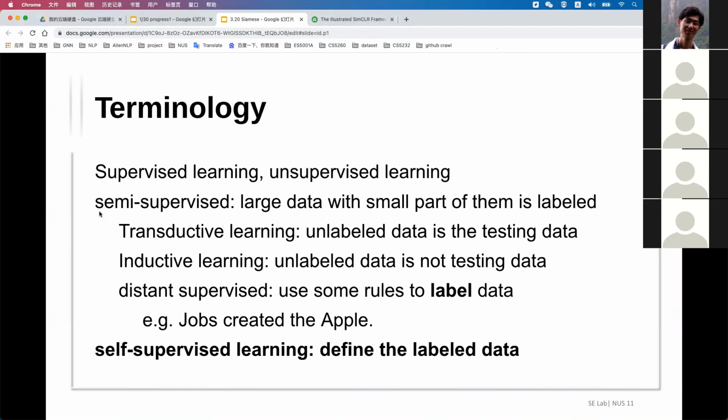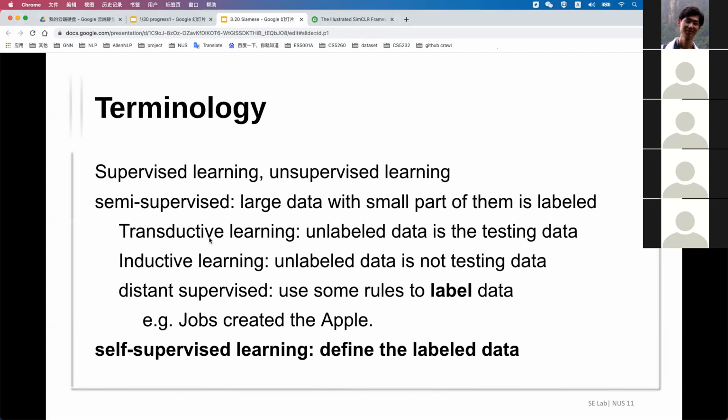So let's look at semi-supervised learning. It means a large dataset with only a small part of it labeled. There are many subclasses of semi-supervised learning. We can talk about active learning, because there is an expert to label the ambiguous data, so it's called active learning.